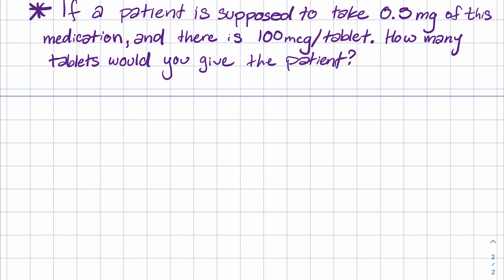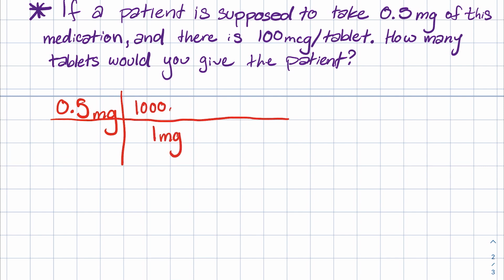So here, what we know is the patient is supposed to take 0.5 milligrams. So we'll start off with that, and we'll convert milligrams into micrograms, which we've already done. So we know that there's 1,000 micrograms per milligram.